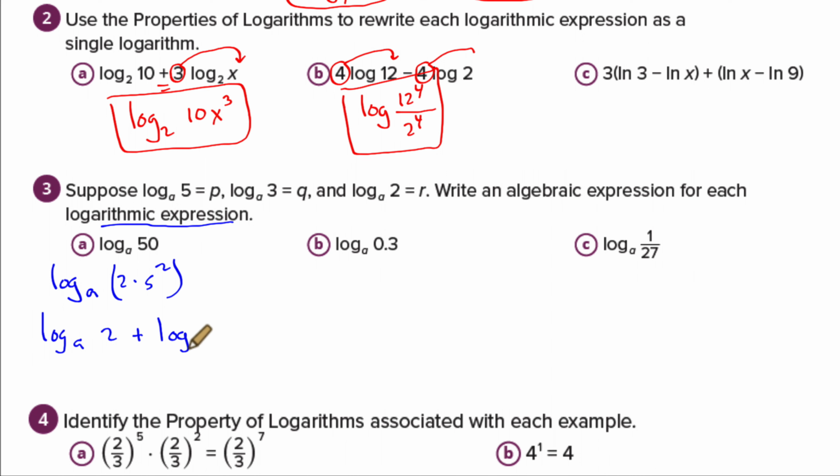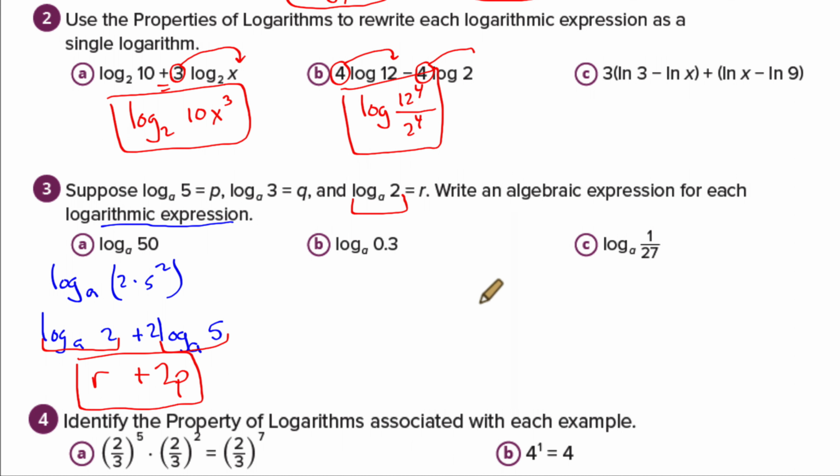Log base a of 5 squared, but I'm going to bring that exponent down. Now look, log base a of 2. What's that equal to? They told us right here. Log base a of 2 equals r. So that's r plus 2 times, what's log base a of 5? They told us that's equal to p. So this one becomes r plus 2p. That's all they want you to do.